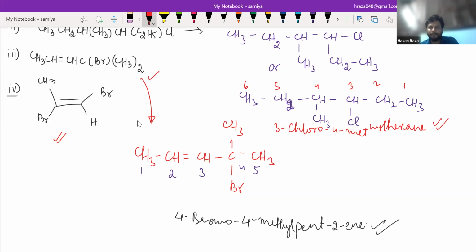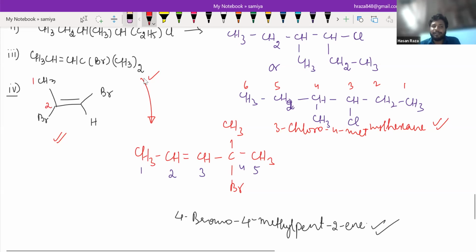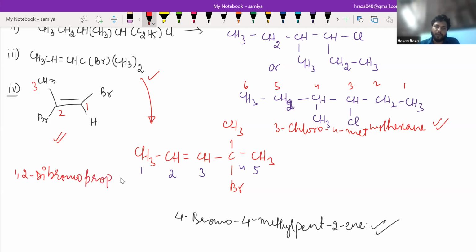Darshan? Okay. See, if you number it from here, the double bond will get the second position. And if you number it from this carbon, the double bond will get the first position. So we will number it from here, and the name will be 1,2-dibromo prop-1-ene, or propene. Directly we can write.